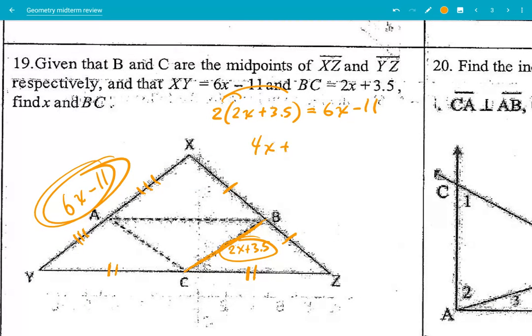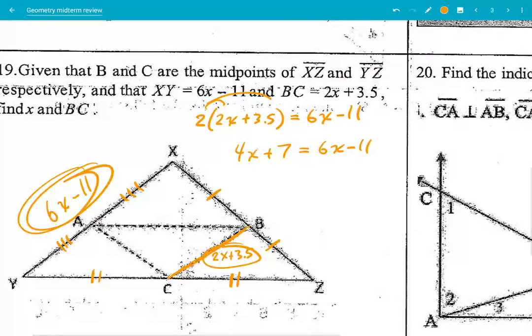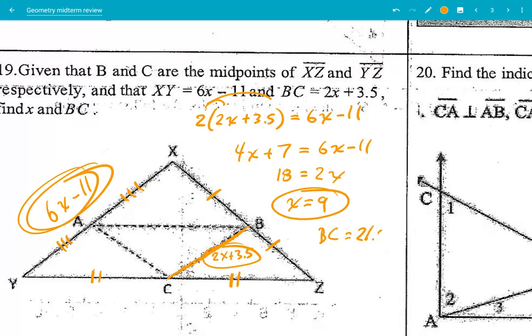We got 4x plus 7 equals 6x minus 11. Let's subtract 4x from both sides and add 11. So 18 equals 2x, so x is 9. We want to find BC. BC is 2x plus 3.5, so 18 plus 3.5 is 21.5. There we go.